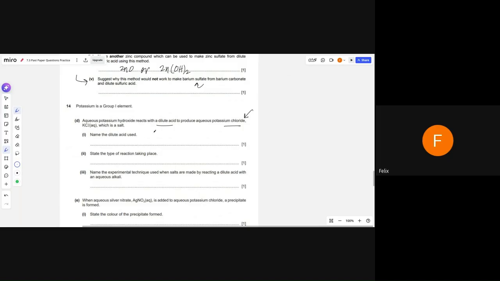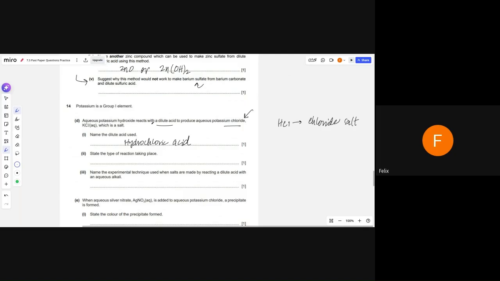HCl, because we have learned in our previous lesson that HCl produces a chloride salt. It will be hydrochloric acid.